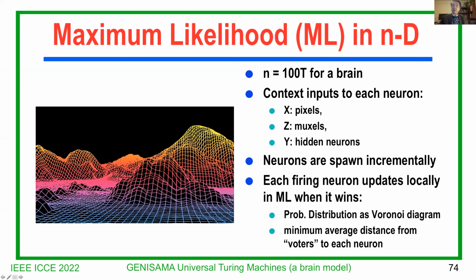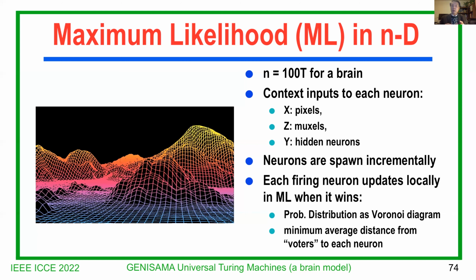Each firing neuron updates locally in maximum likelihood when it wins. And probability density, it's a vulnerability requirement, but the vulnerability requirement is very rigid, only the top one firing. Here you have a committee voting situation, so you have top-K neurons firing.